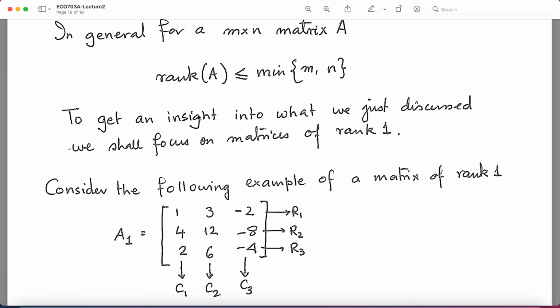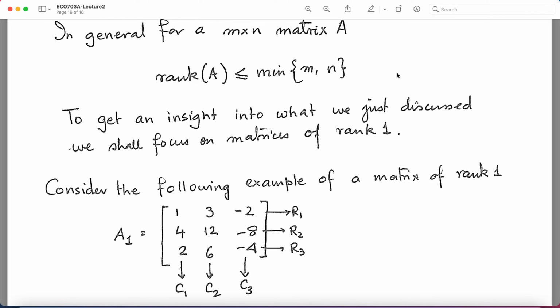Or if the number of columns is bigger and m is smaller, then the rank can be at most m; it cannot exceed it. So the maximum rank of A would be the minimum of m and n. Of course, it could be less, depending on how few linearly independent vectors you have.